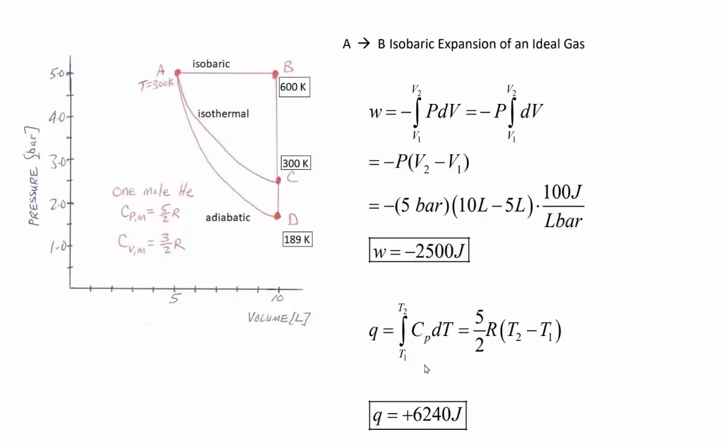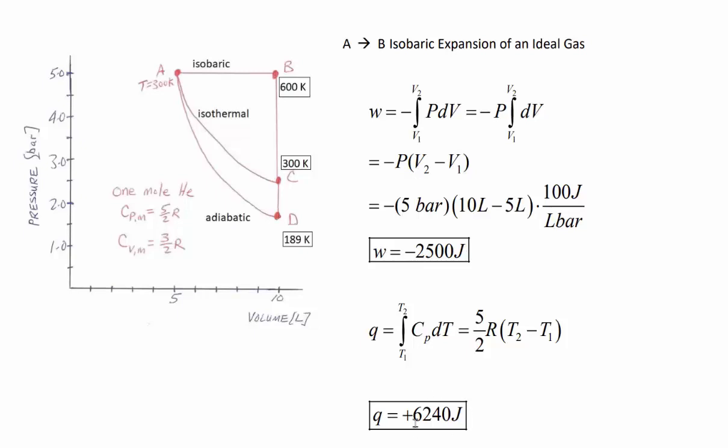The heat, the Q in this case, can be found by plugging in 5/2 R for the constant pressure heat capacity. The integral of dT is simply T2 minus T1. Plugging in our values of 600 Kelvin and 300 Kelvin, we'll get plus 6240 joules for the heat.